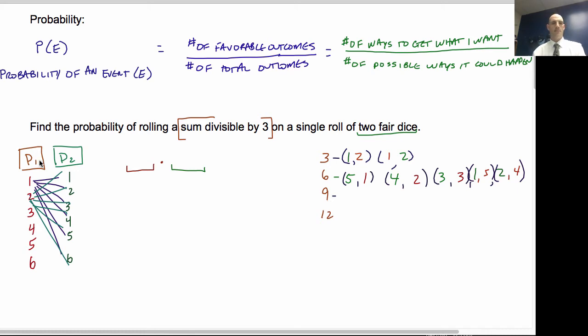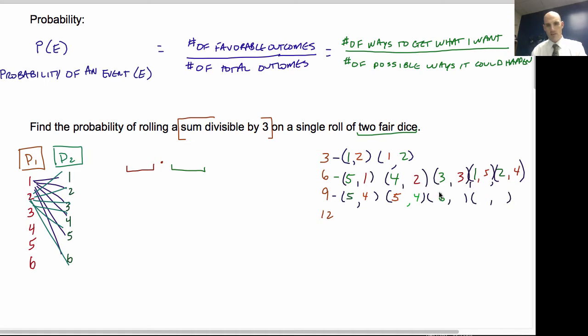What about a 9? Well, I could roll a 5 and a 4, or I could roll a 4 and a 5, right? And I could roll a 6-3 and a 3-6.